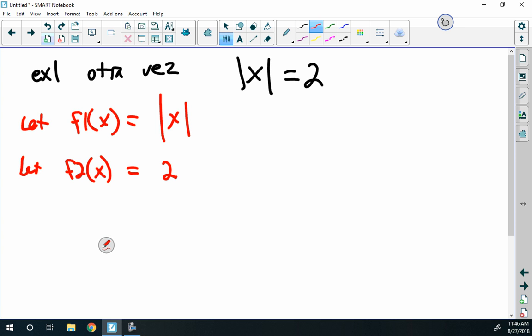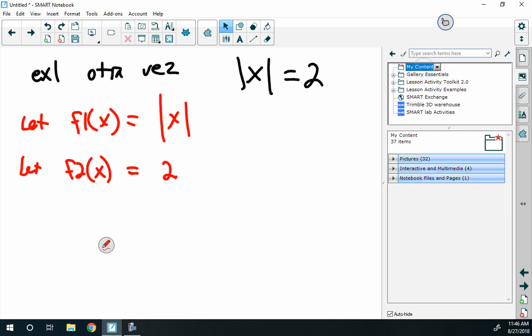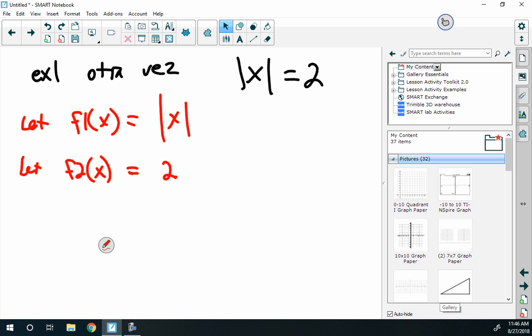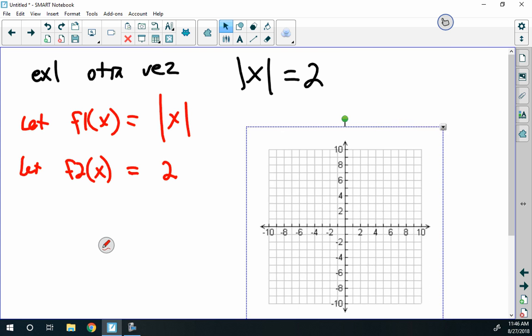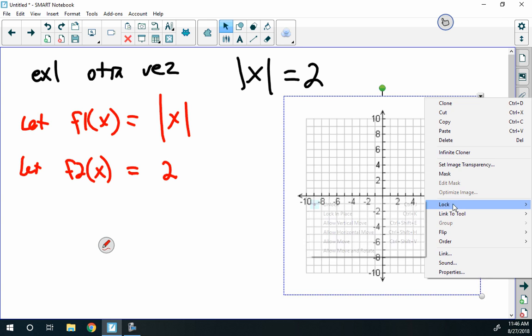I don't know if you understand anything about functions, but you can actually use functions to solve equations, and it's awesome. It'll never let you down so long as you understand the functions.